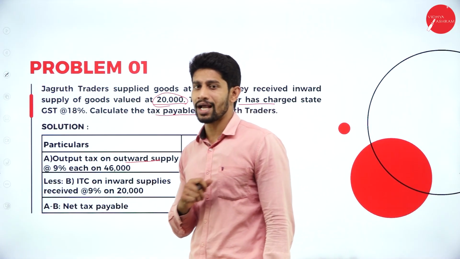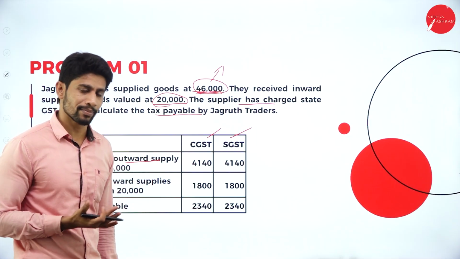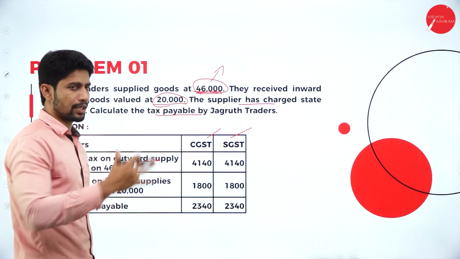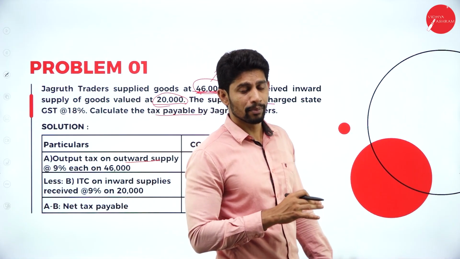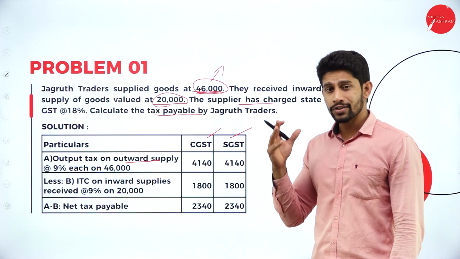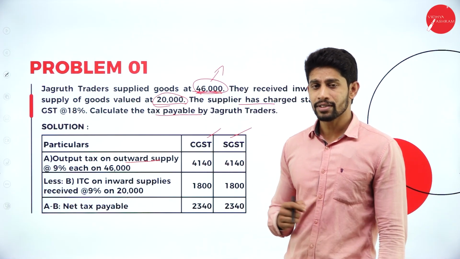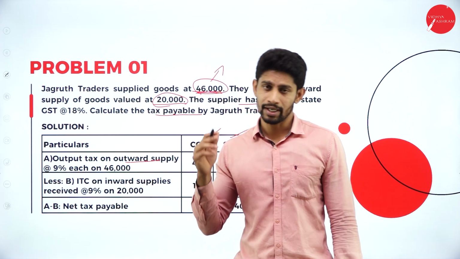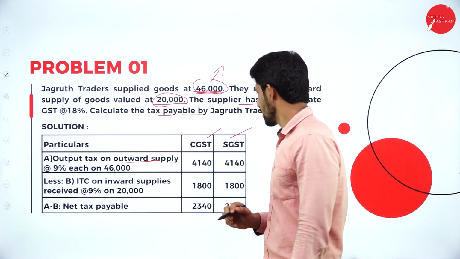If the transaction is happening between 2 states like Karnataka and Tamil Nadu, then IGST is applicable. Here they have not mentioned whether the transaction is happening within the state or between the states, right? If nothing is mentioned, you are supposed to consider the transaction as intra-state supply. That means the transaction happened within the state. So then which tax is applicable? CGST and SGST is applicable.